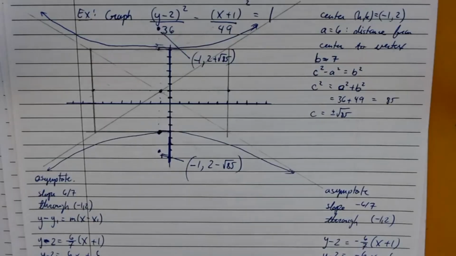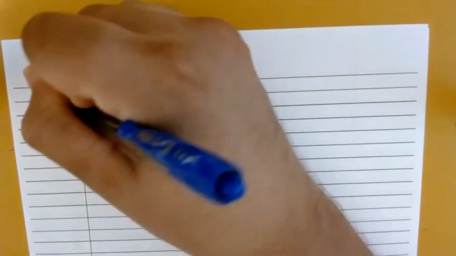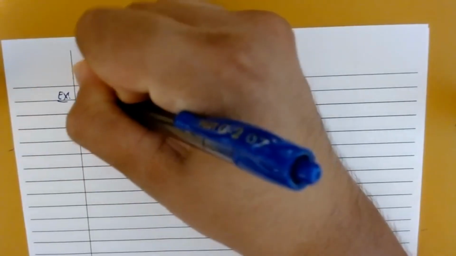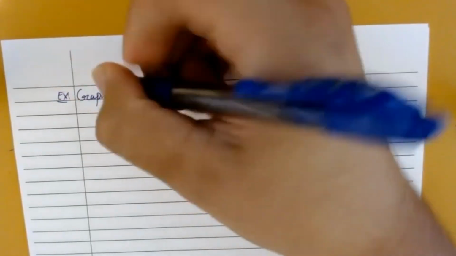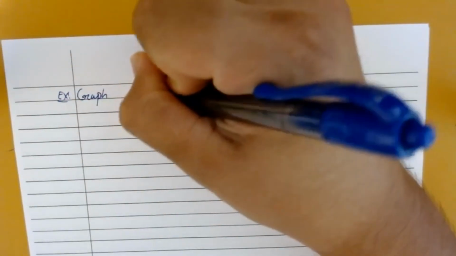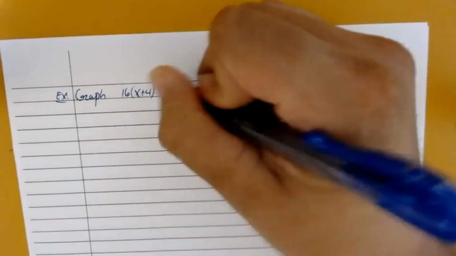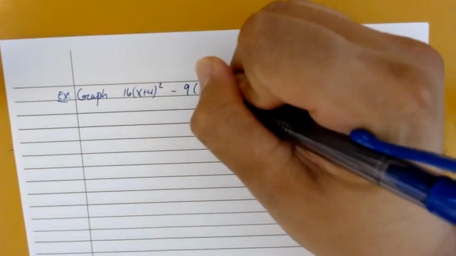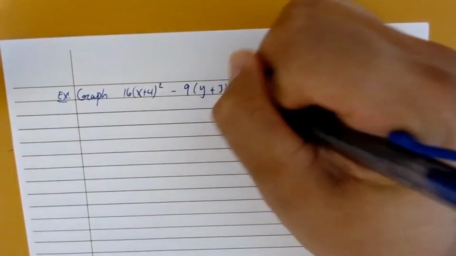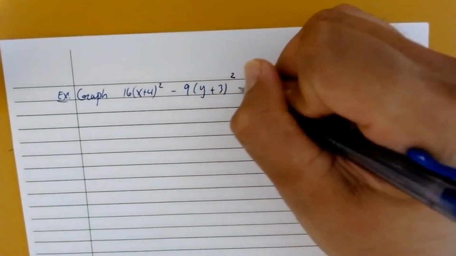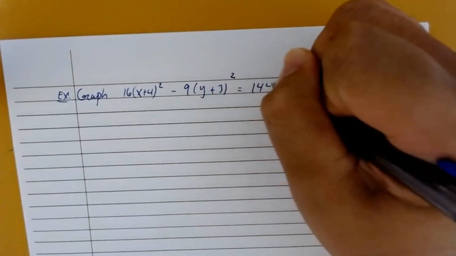All right, go ahead and give this a try. Let's go ahead and have you graph 16 times x plus 4 squared minus 9 times y plus 3 squared is equal to 144.